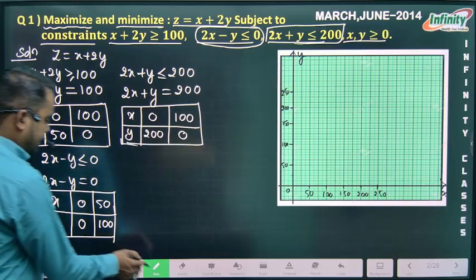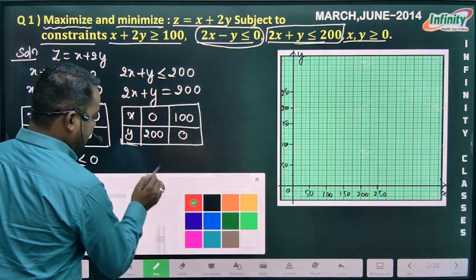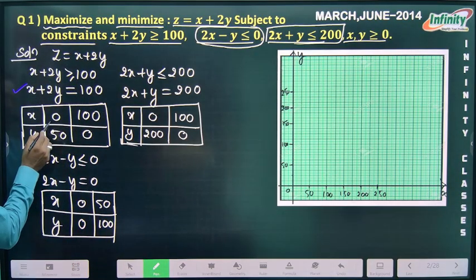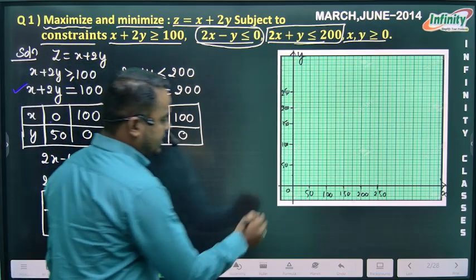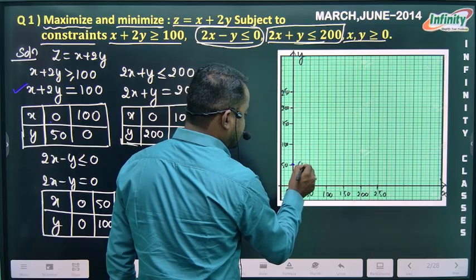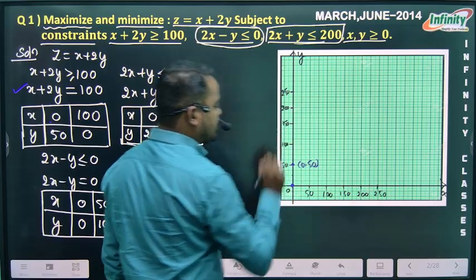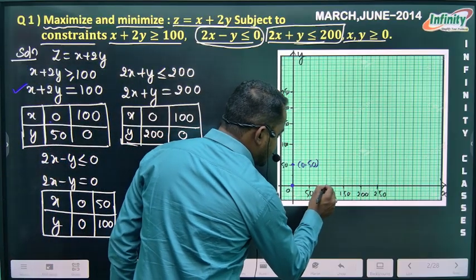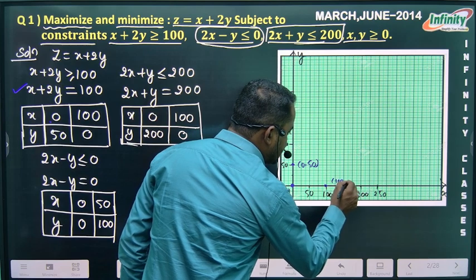So what is the x coordinate here? The first coordinate is 0. For this line, the x coordinate is 0, and y is 50. It lies here, 0, 50. That is the first point. Then after that 100, 0. Where is 100 here? 100 is here. That is 100, 0.